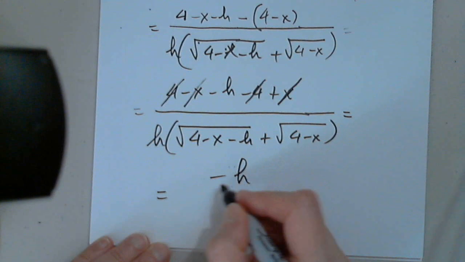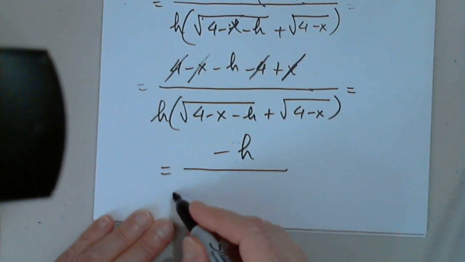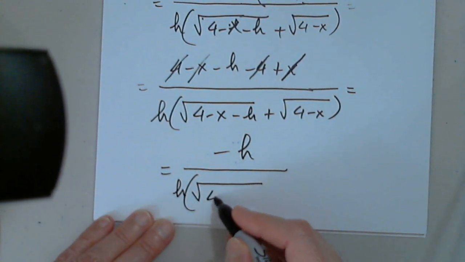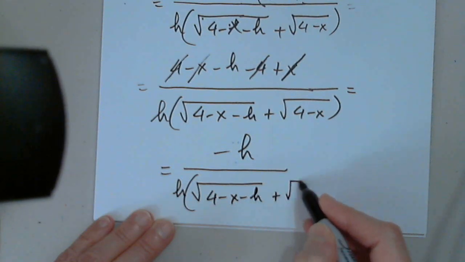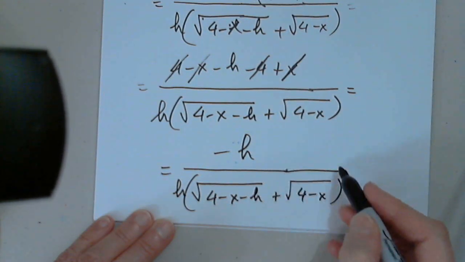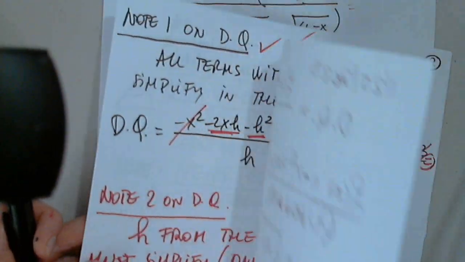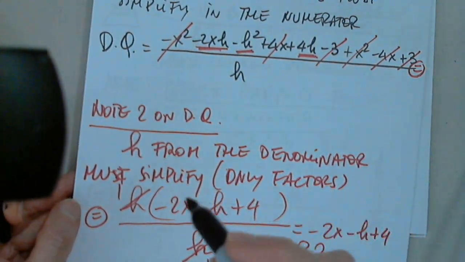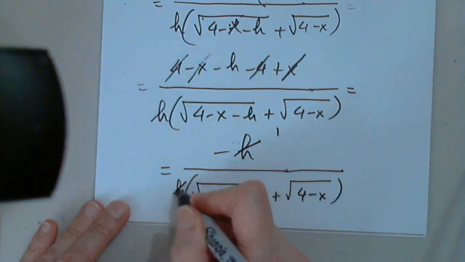Now I have negative h in the numerator, there is nothing else. h times the square root of 4 minus x minus h plus the square root of 4 minus x. So now note number 2. Note number 2 says h from the denominator must simplify. Does it? Yes. Factors, only factors.